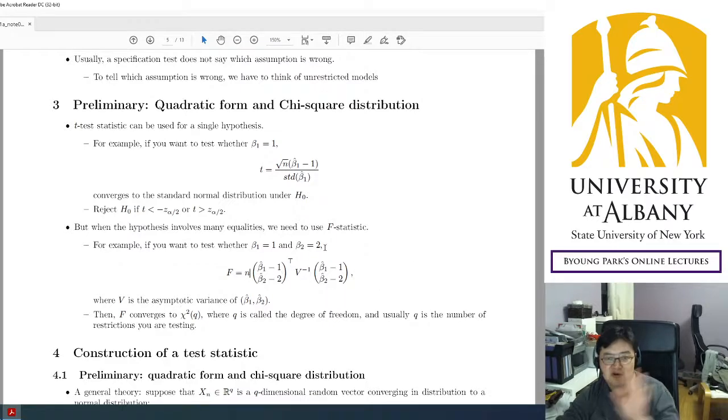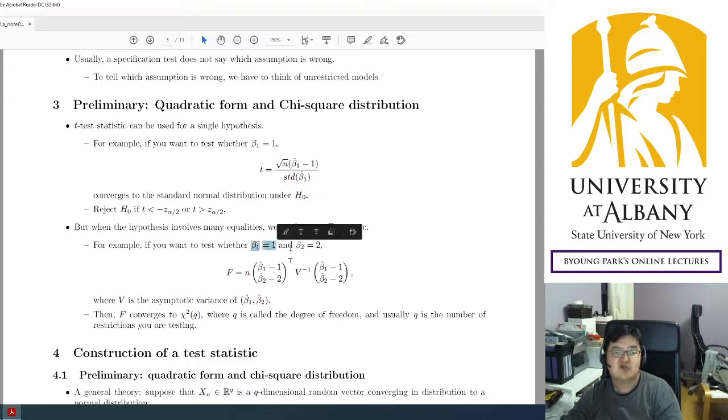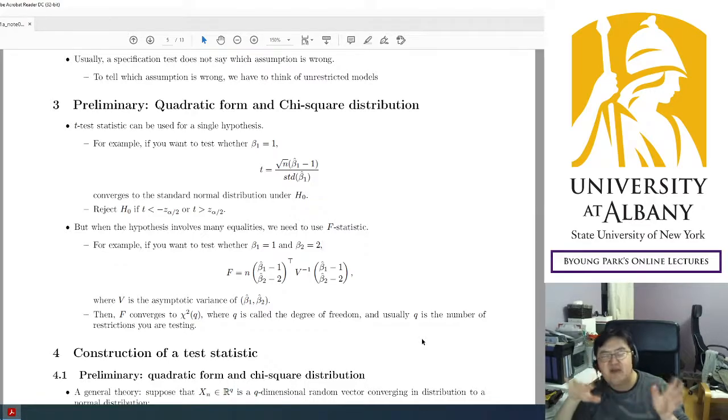So because there are two square root of n's, we have n, and it converges to a chi-square distribution with parameter q. Q is the degrees of freedom, which is the number of restrictions. Like in this case, there are two restrictions, so Q will be 2. So this is just very basic statistics distribution theory you need to know.